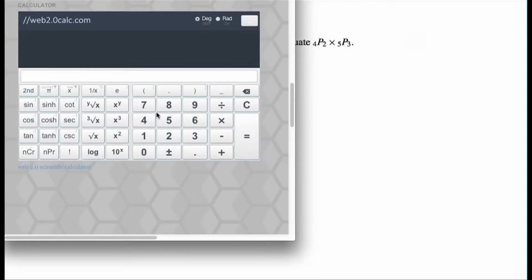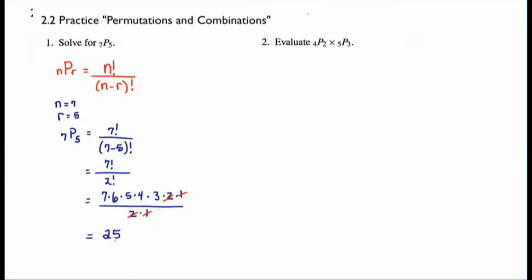Okay, so the factorial means we take the number and multiply it by the next natural number descending until we get to 1. So after I simplified this, it's 7 times 6 times 4 times 3, which is 2,520.